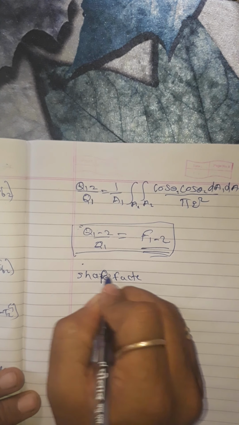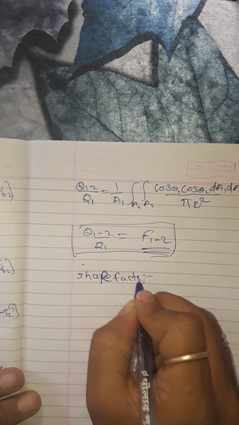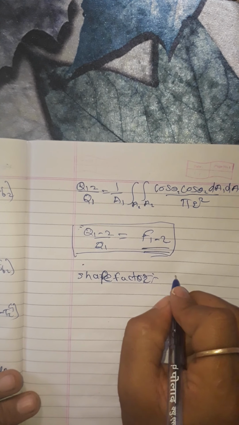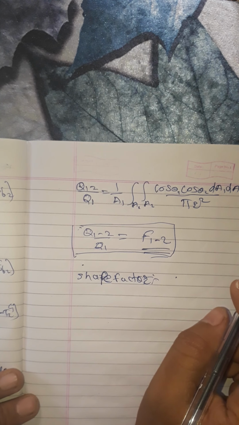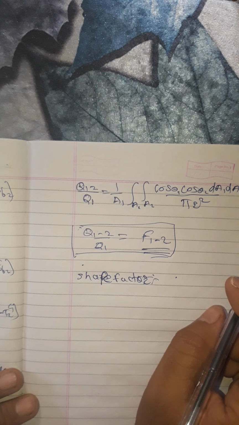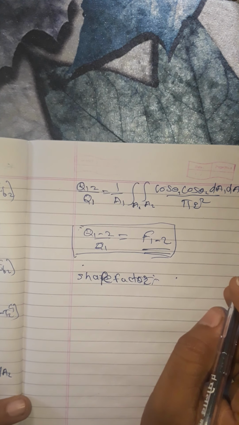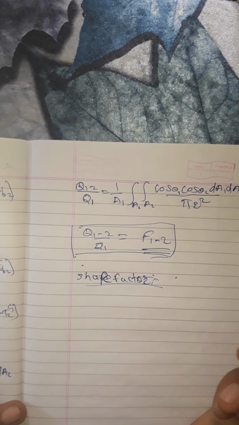What is the definition? The fraction of radiative energy that is diffused from one surface element and strikes the other surface directly with no intervening reflection is called the shape factor.